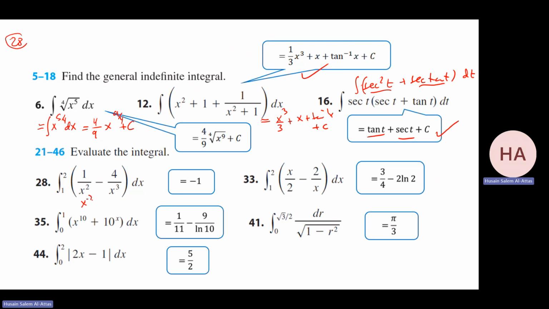This is x minus 2 minus 4 times x minus 3, so that will be equal to x minus 1 minus 4x minus 2, so it will be plus 2x minus 2, from 1 to 2.